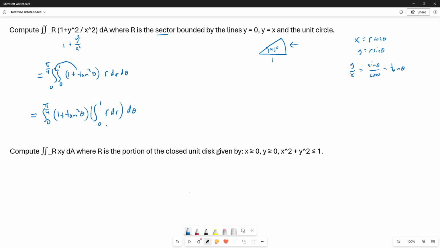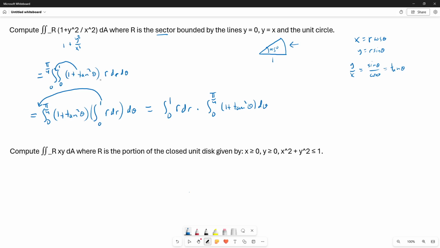Now this integral is a constant and can come outside, and that gives us the integral from 0 to 1 of r dr times the integral from 0 to pi over 4 of 1 plus tangent squared theta d theta.